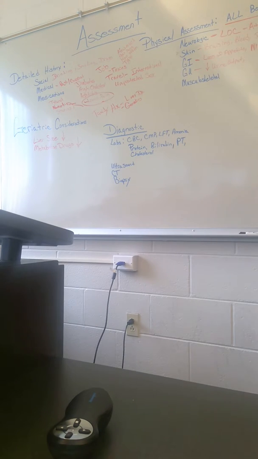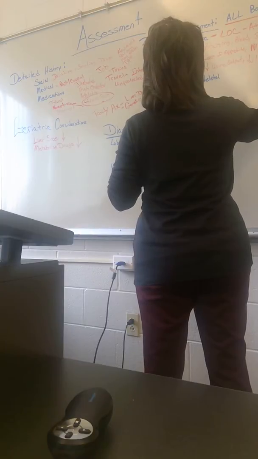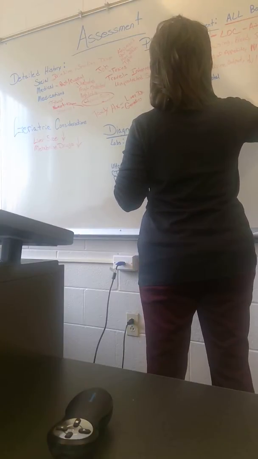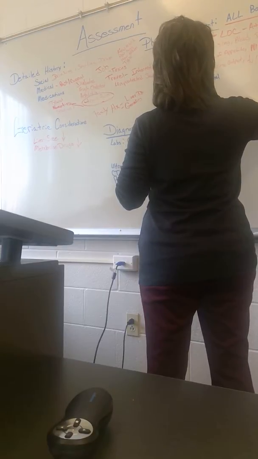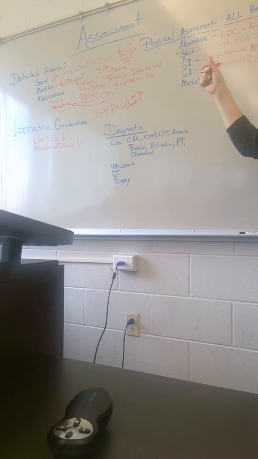With men and with women, we can see decreased libido, and we can see secondary amenorrhea. Mostly it's going to be decreased urine output. That can be related to the dehydration. It can be related to the renin system and how everything is connected. But those are just some signs that we want to be looking for.